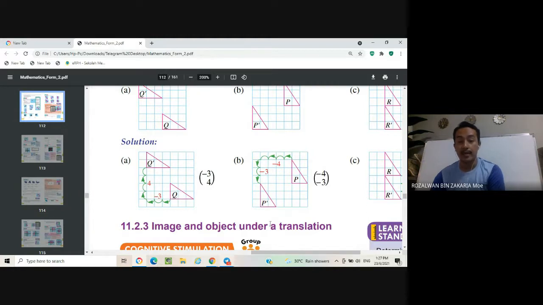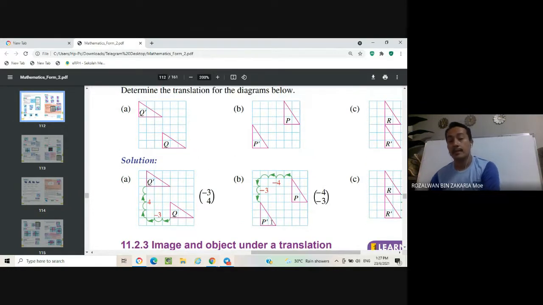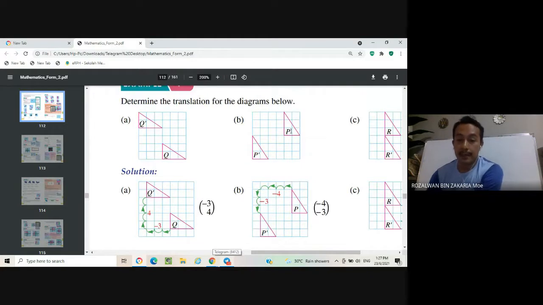Right, now look at B here. We have the object P, then the image of the object P labeled as P prime here. So how to know the translation? You have to find one point from the object and go to the same point of the image.